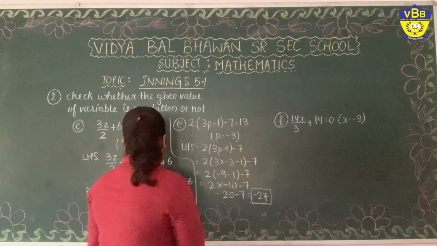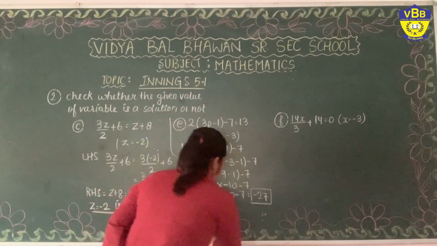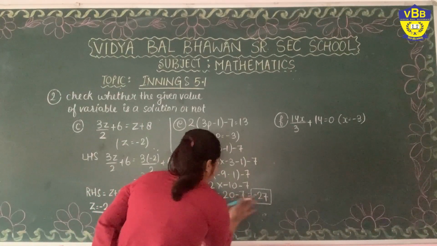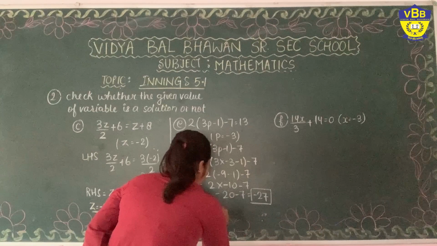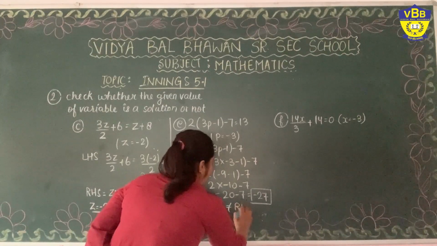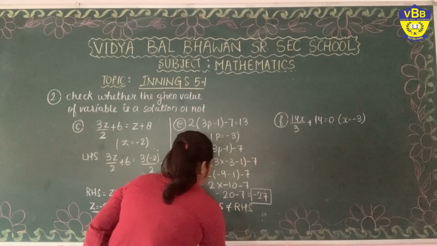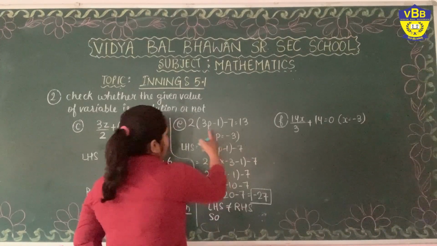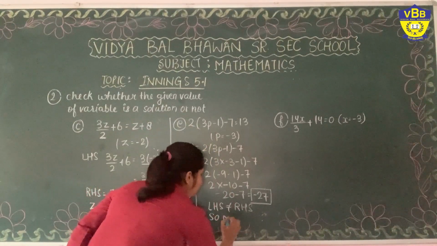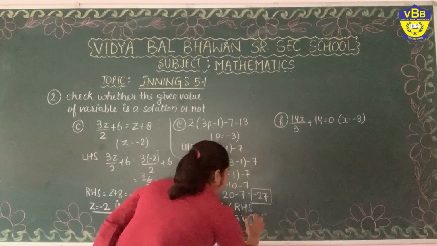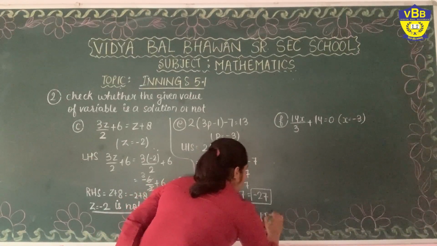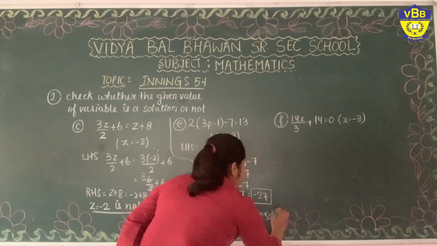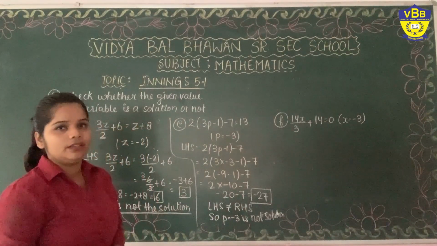So we will write that LHS and RHS are not equal. So p is equal to minus 3 is not the solution. Is that clear, everyone?